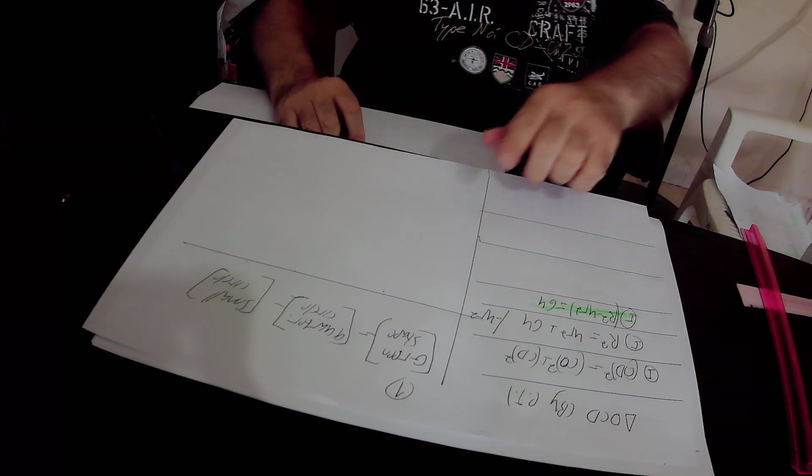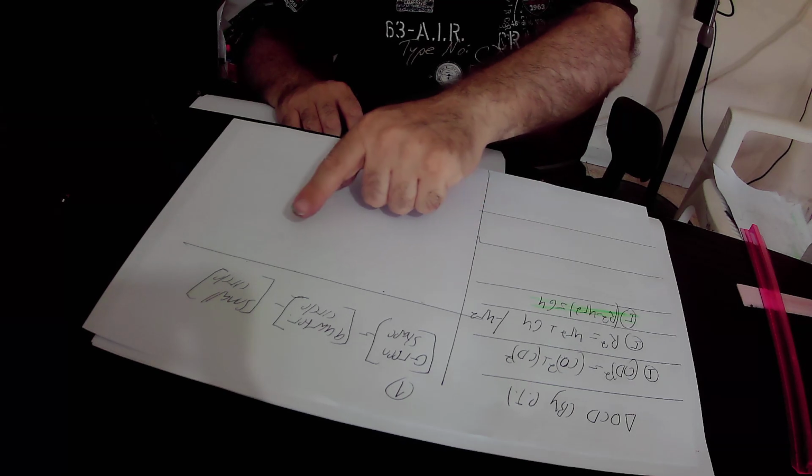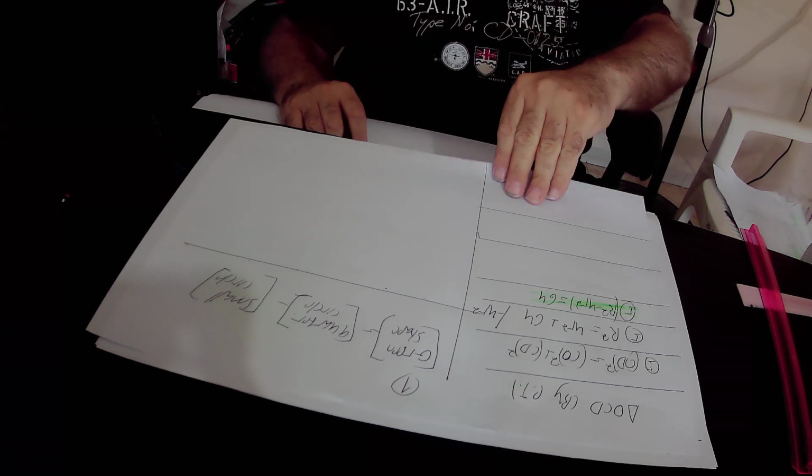I repeat again, the area that we are looking for, the area of the green shape, equals the area of the quarter circle minus the area of the small circle.